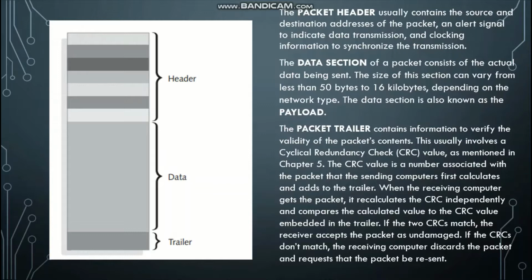When the receiving computer gets the packet, it recalculates the CRC independently and compares the calculated value to the CRC value embedded in the trailer. If the two CRCs match, the receiver accepts the packet as undamaged. If the CRCs don't match, the receiving computer discards the packet and requests that the packet be resent.